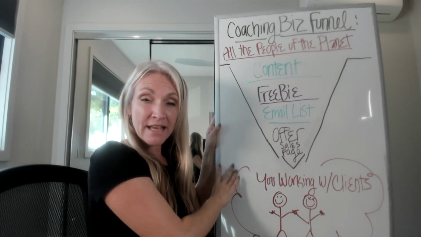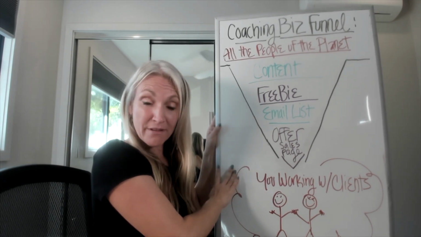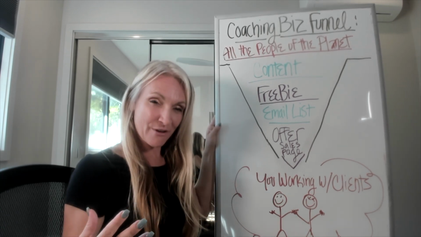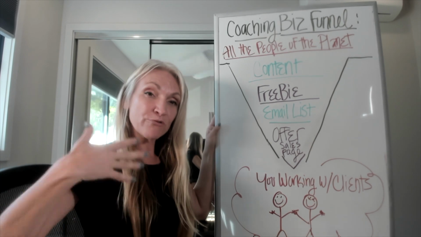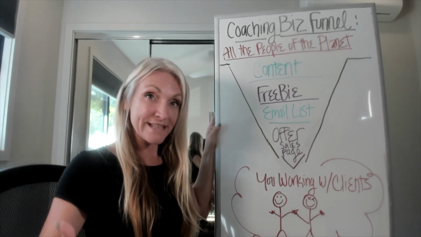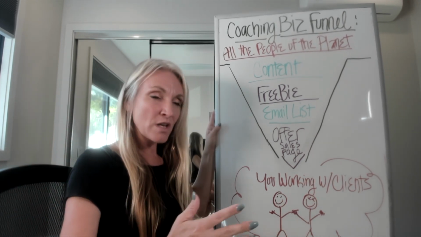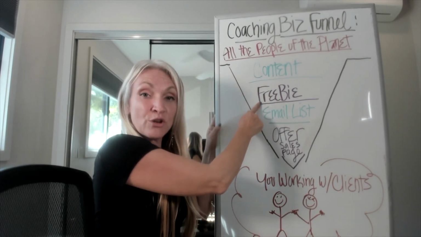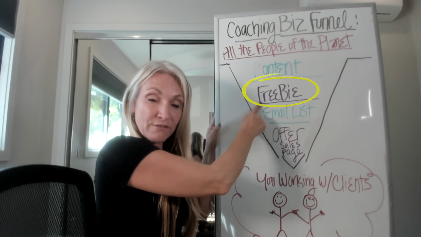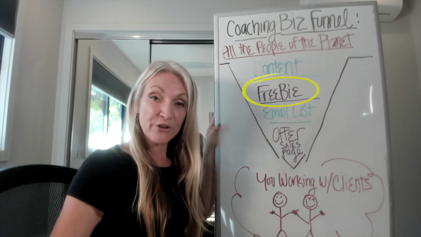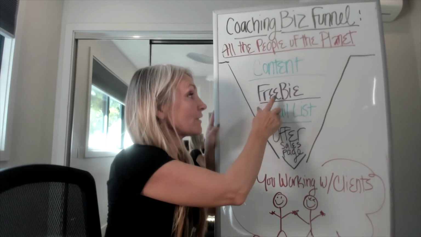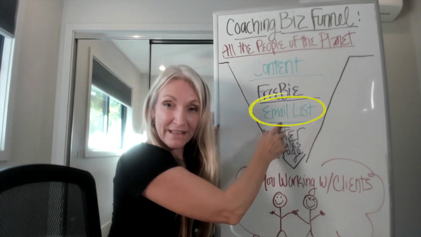And that content is attracting some of the people of the planet, right, to listen to you, and to build rapport with you. Know that you exist, know what you talk about. Then some of those people at the end of your content, when you have your call to action for a freebie, some of those people are going to sign up for your freebie. Okay, and then those people are going to end up on your email list.